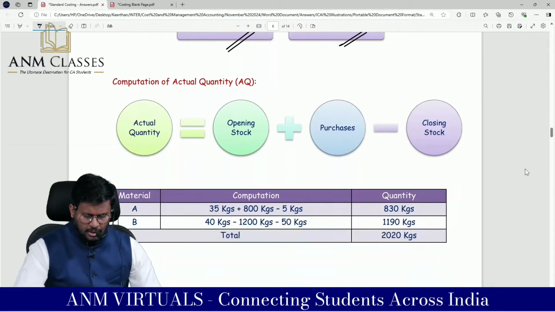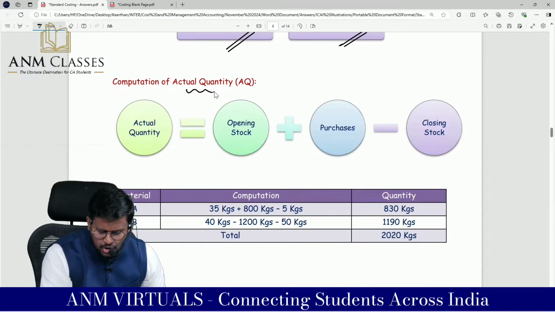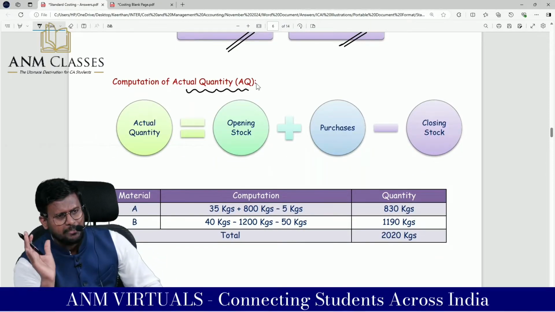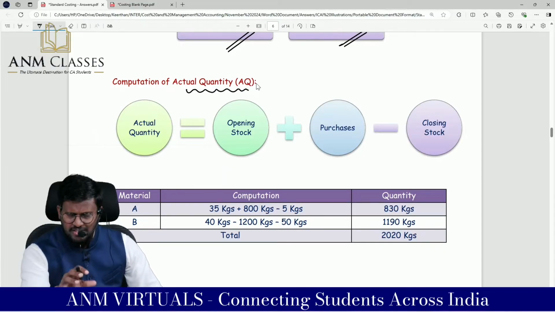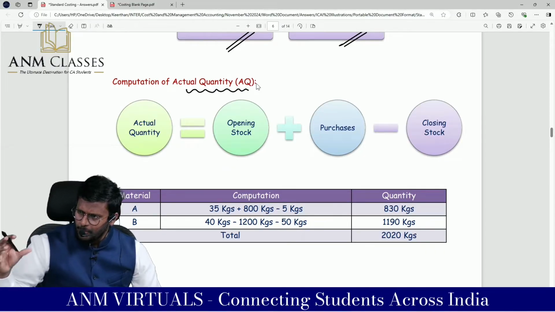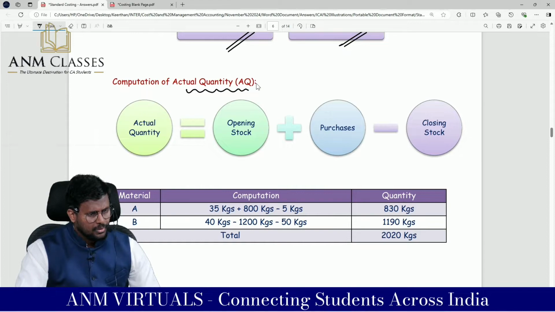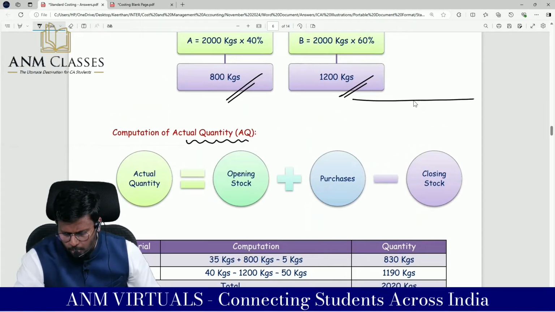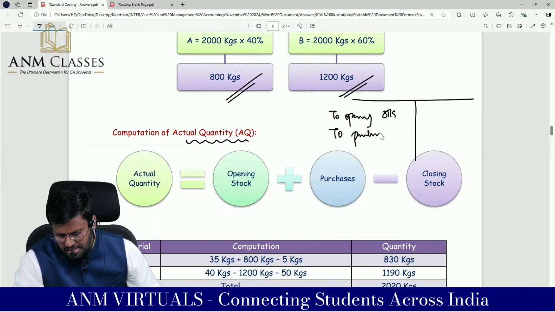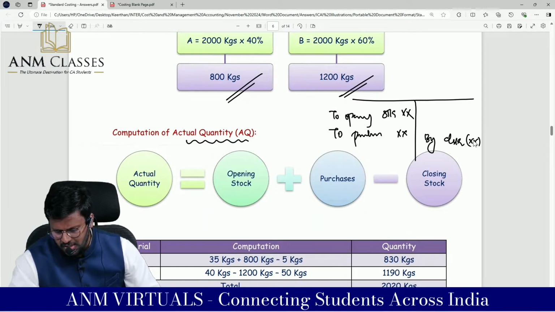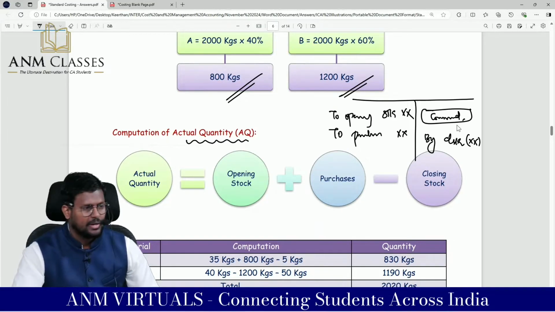Comfortable? Now I am going to calculate the actual quantity. That is what is missing in the question. Because they have given opening stock, they have given purchases, and closing stock. If you take the trading account, my dear lovable students, we will write to opening stock, to purchases, by closing stock. So opening stock plus purchases minus closing stock will give the material consumed, right?